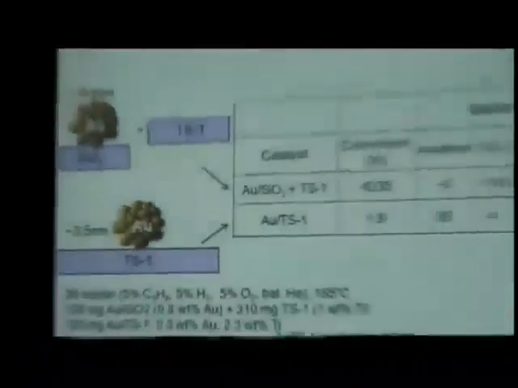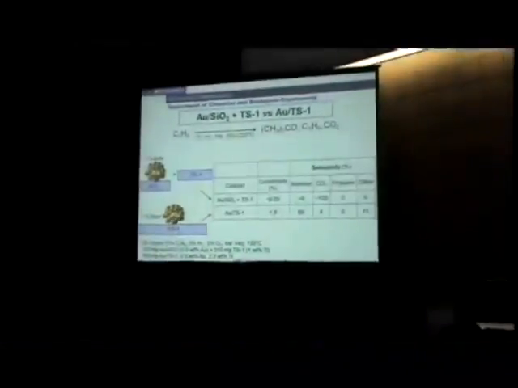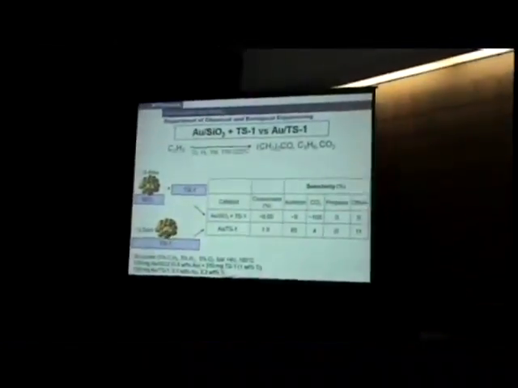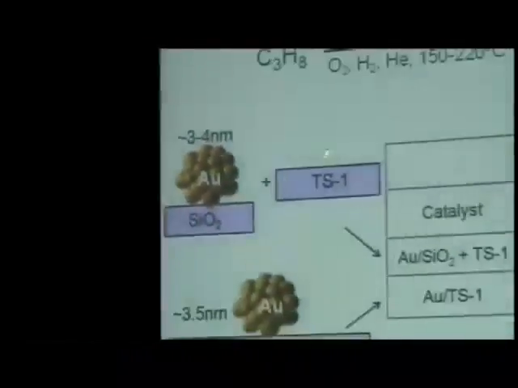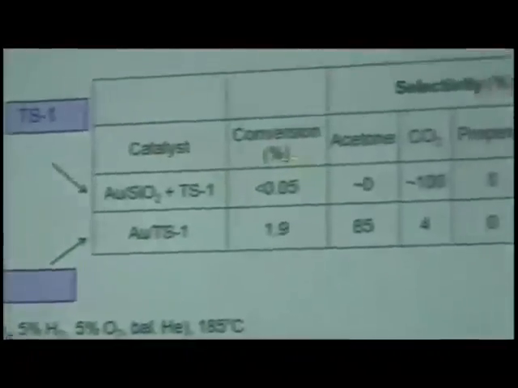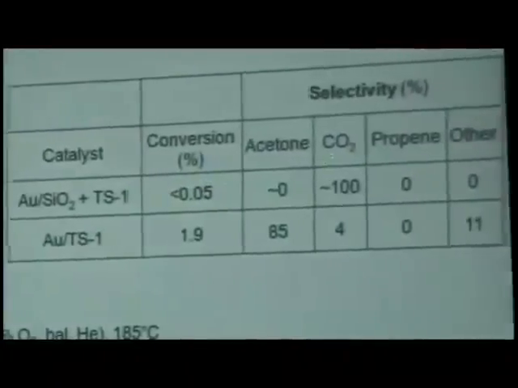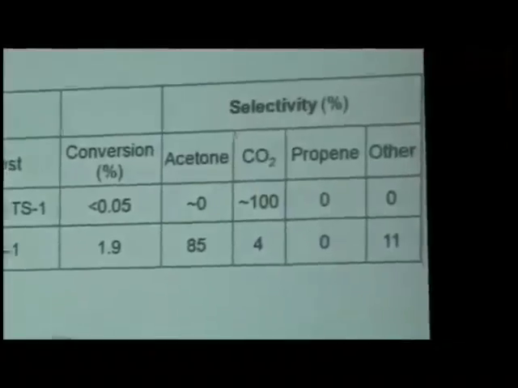Now to show that this close contact of gold with titanium, perhaps as isolated titanium in TS1, is important, we make this composite catalyst. We put gold on supported silica and physically mix it with TS1. We find that the mixture has very little activity, and most importantly, the production of acetone is very low.